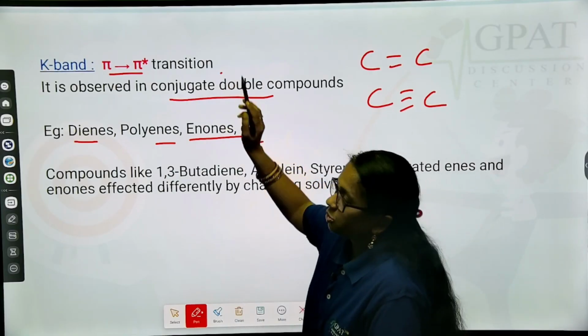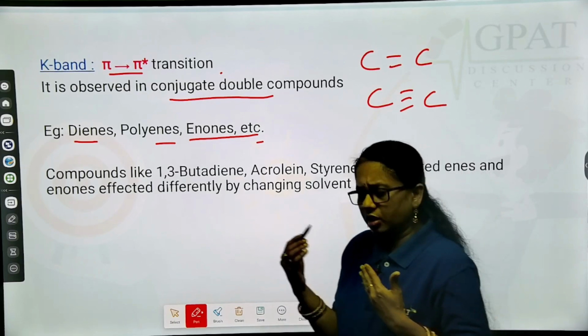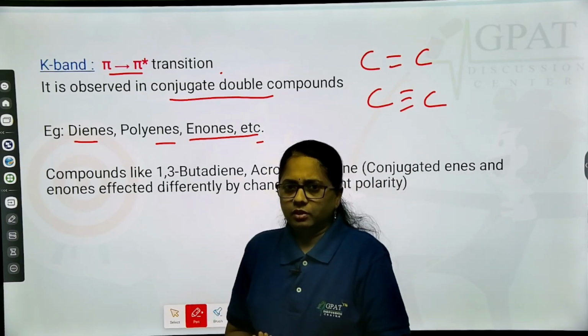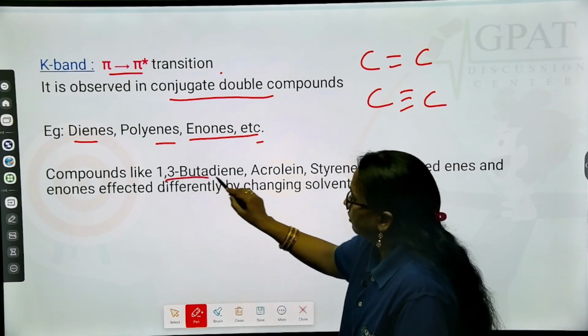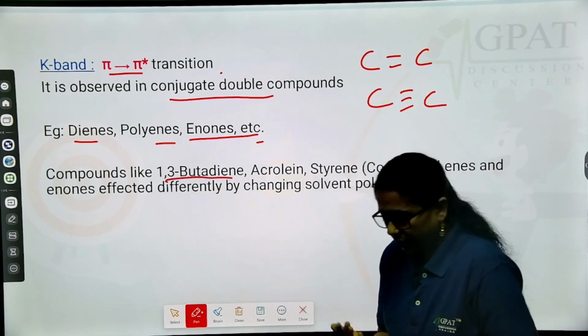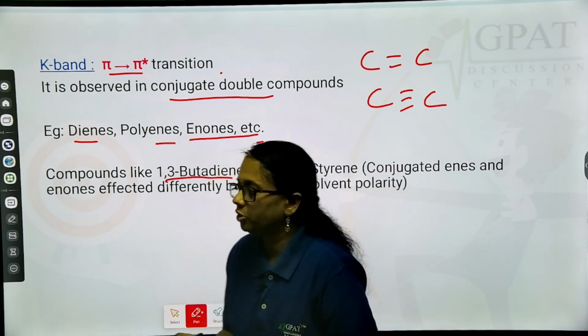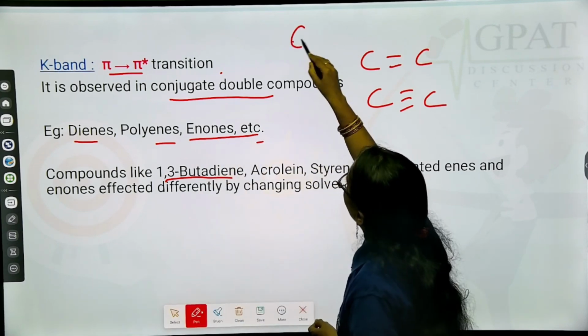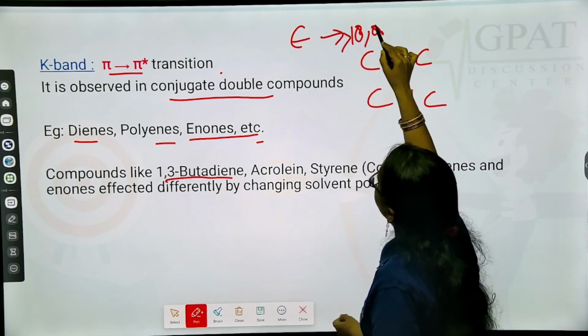So it is also due to the pi to pi star transitions, and the most common example for explaining this K band is 1,3-butadiene. So with 1,3-butadiene, simply you are going to see the formation of the absorption band. Here you are going to observe the epsilon value in and around more than 10,000.